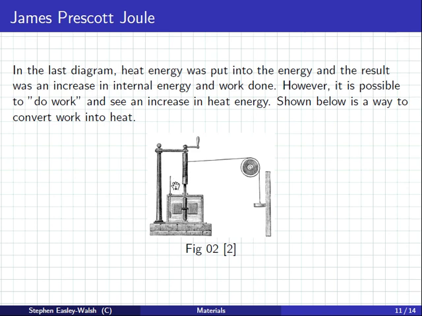Heat can be calculated. What he noticed was this potential energy gets converted into heat, which would mean the temperature increases. So what Joule proved was you can change work into heat.